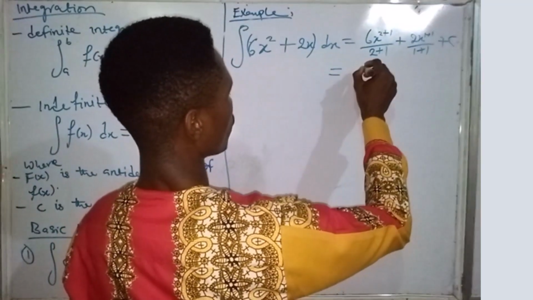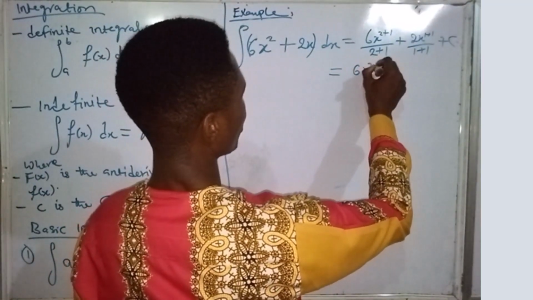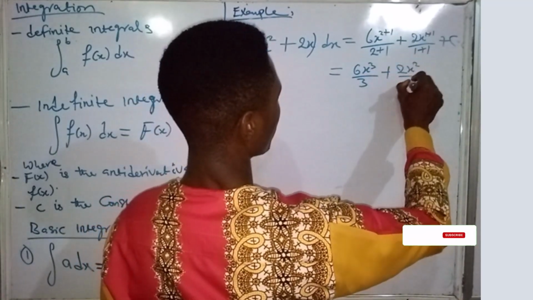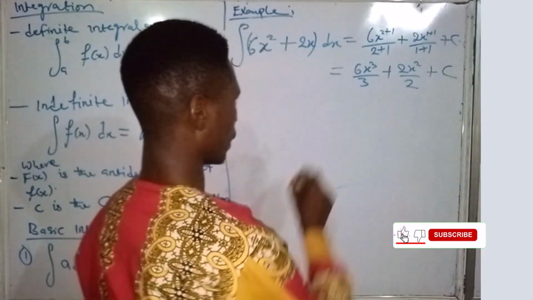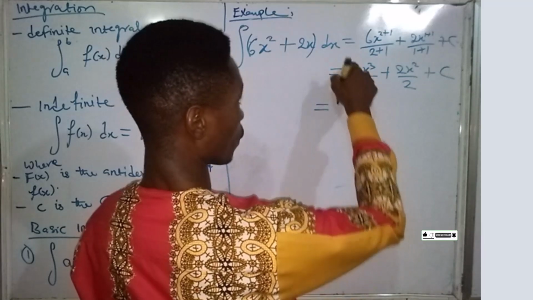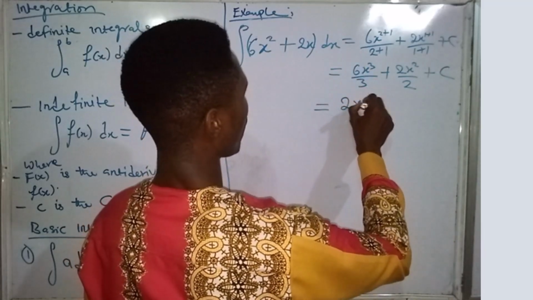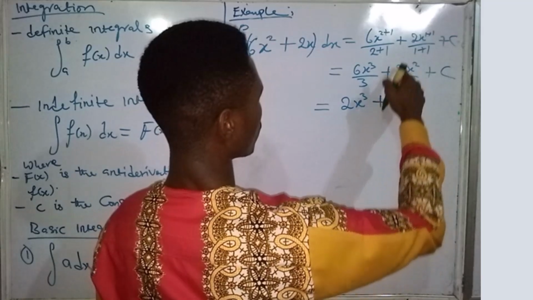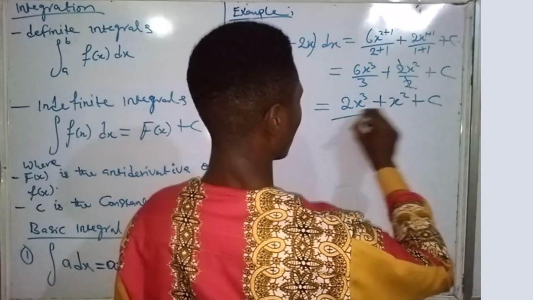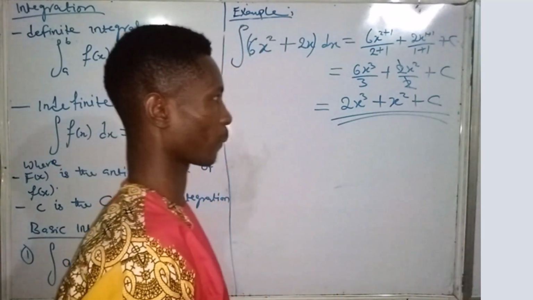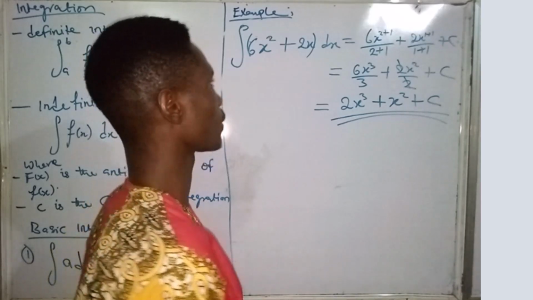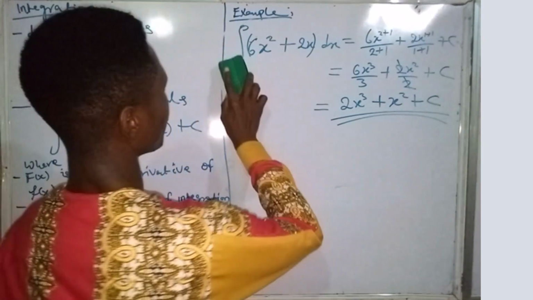So this will give us 6x cubed all over 3 plus 2x squared over 2 plus c. So 3 can go in 6 to give us 2x cubed, plus 2 cancels out, we have x squared plus c, and that is the answer. So it is simple and straightforward. So let's do more examples.